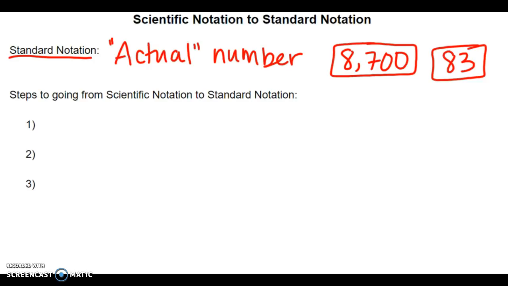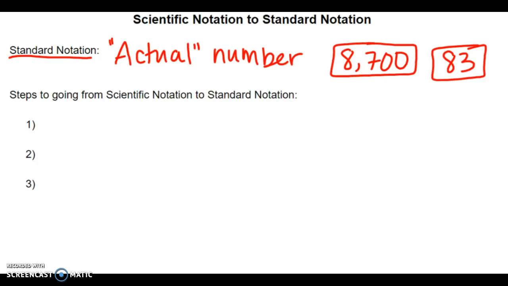I'm going to have a few steps for us to follow when we're going from scientific notation back to standard notation. Again, it might be a little simpler than just following the steps every time, so if you ever need to forget about the steps, that's okay.